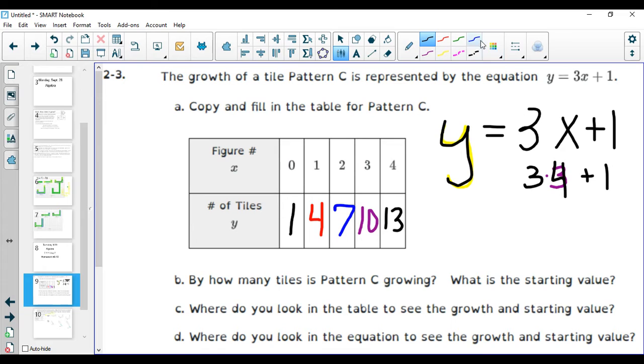First of all, our beginning number is 1. Because we're adding 1, regardless of what our figure number is, if our figure number is 0, we're always starting with the number 1.